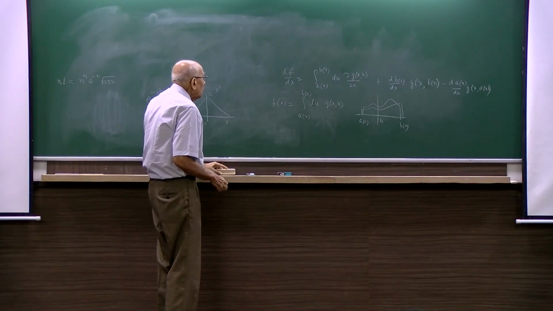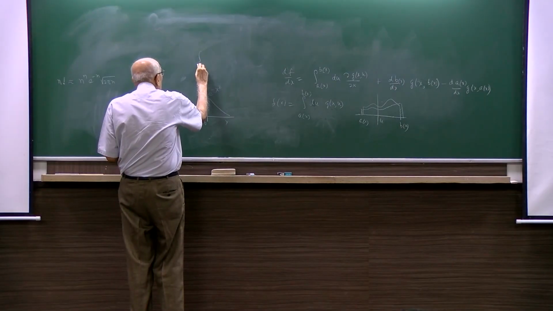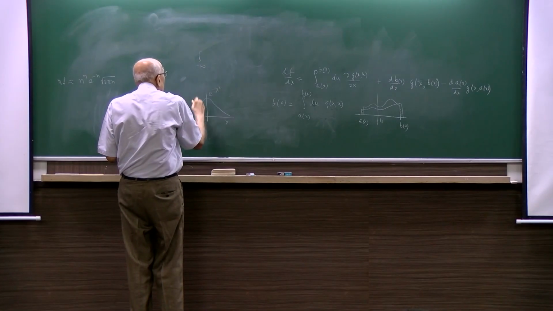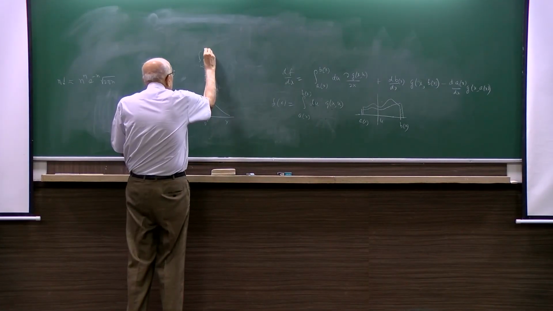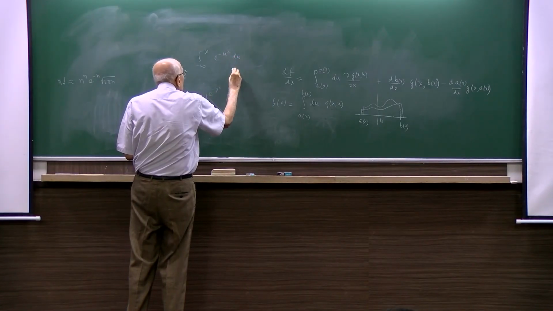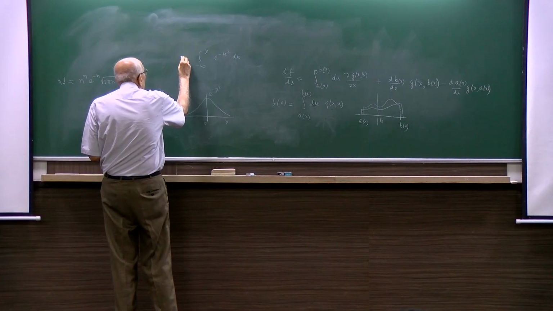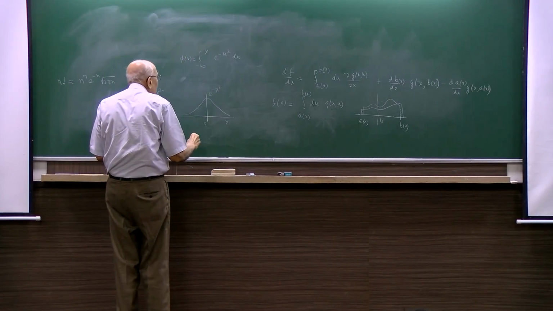So now consider this function, integral from some lower limit which you can take to be minus infinity without loss of generality because it doesn't matter, to x of e to the minus u squared du. And I ask if phi of x is equal to this, what is d phi over dx?